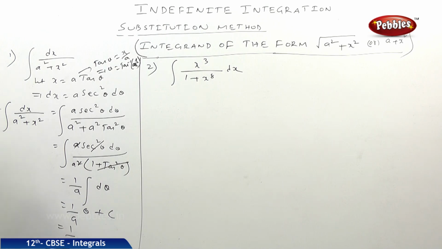So what happens, 1 by a tan inverse of x by a plus c. So finally this also should be remembered as a formula: dx by a square plus x square is equal to 1 by a tan inverse of x by a plus c. Right, I think you followed this problem.